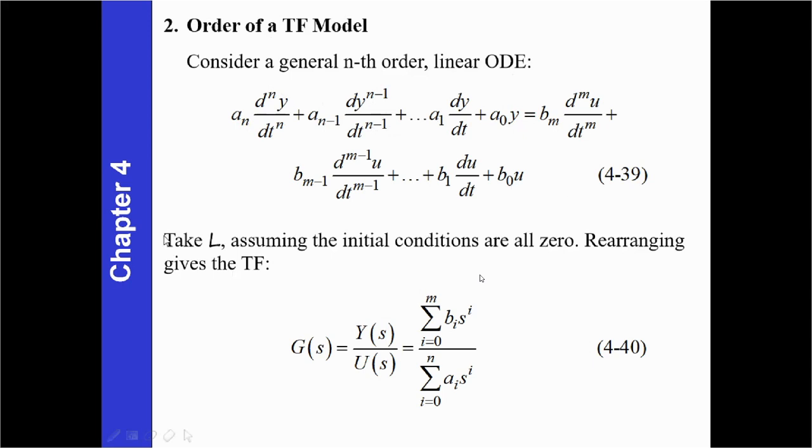Taking the Laplace transform, assuming the initial conditions are all zero, and rearranging gives the transfer function G(s) equal to Y(s) over U(s).